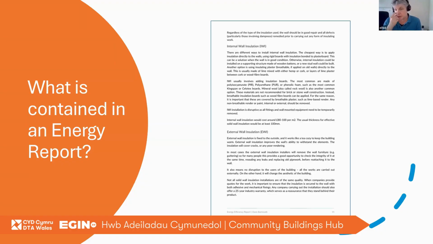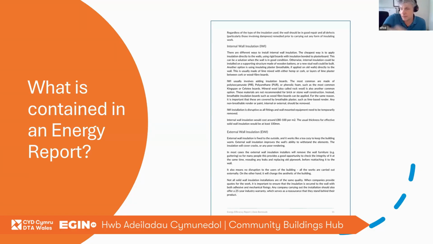So here it's giving a rough idea of costs as well. For internal wall insulation it's suggesting £80 to £100 per square metre. And it's giving you some guidance in terms of the thickness of the solid wall insulation. In this case, the surveyor is recommending about 100 millimetres of internal wall insulation on this building.